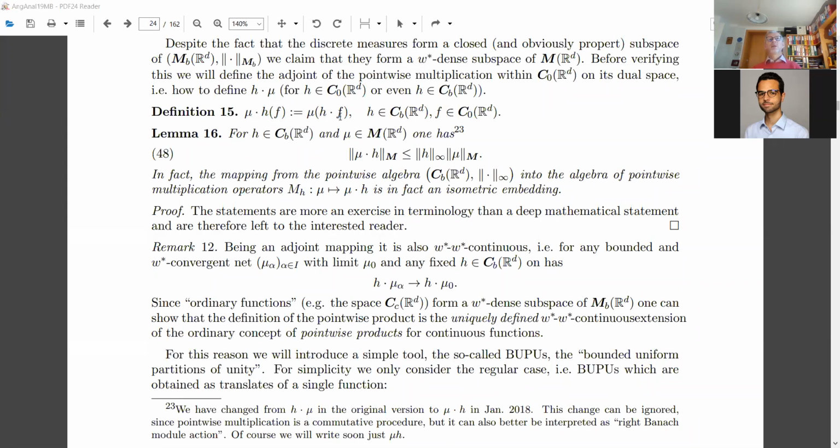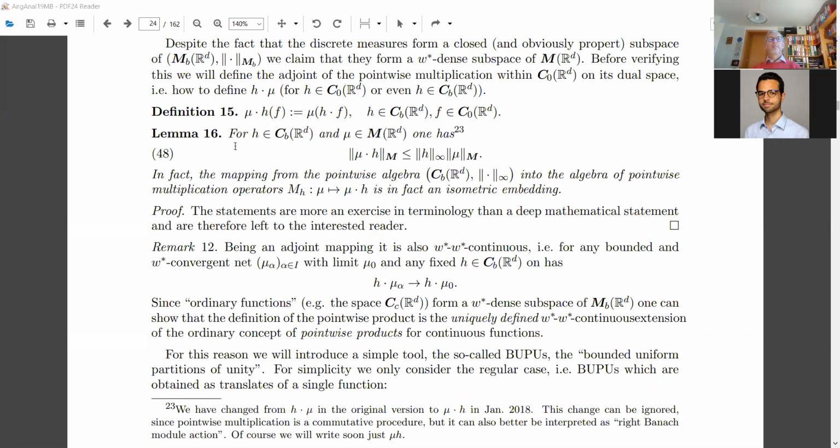I'm saying in order to know what mu multiplied with h is on a given test function f from C0, you have to multiply the test function f with the bounded continuous function h. And then, of course, you know that this is in C0, so it's legitimate to apply the linear functional.